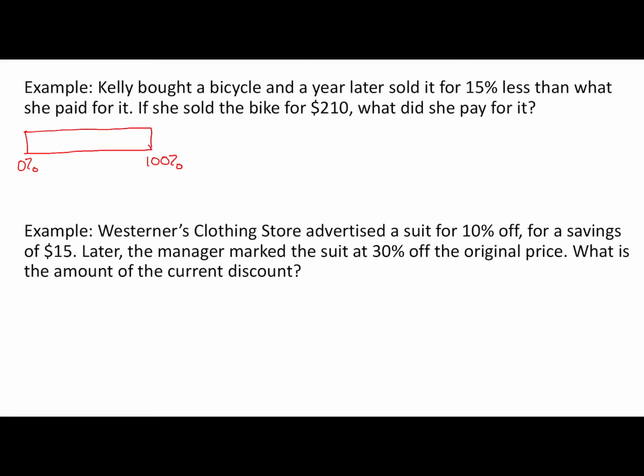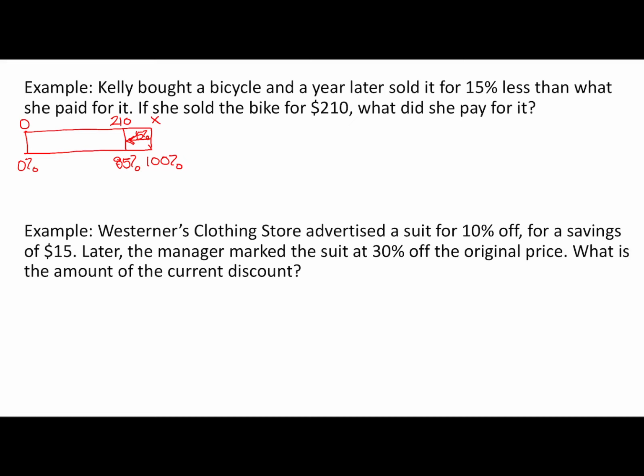And what we know is she sold it for 15% less. So I'm going to go 15% to the left here. Now, that's not 15% of the price. It's 100 minus 15% of the price, or 85%. So 85% is $210. And we're looking for the original price x.